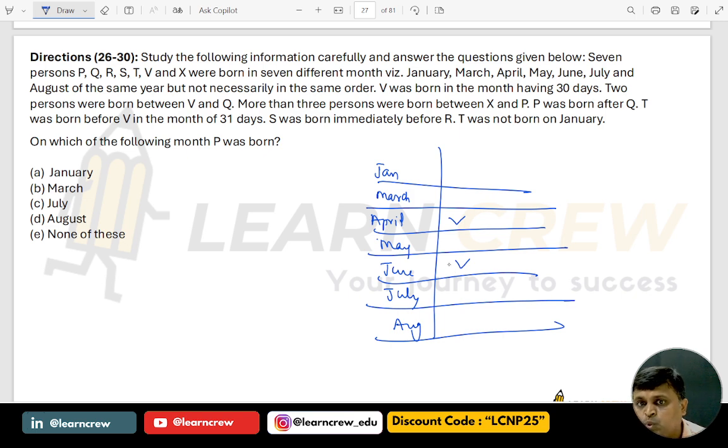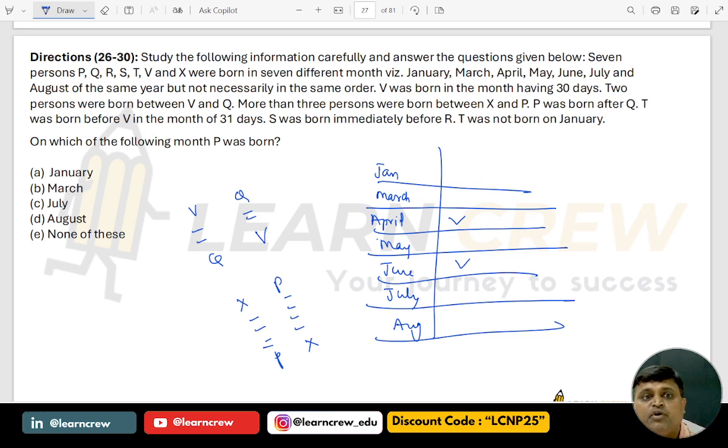So 2 persons sit between V and Q. And more than 3 persons sit between X and P. P was born after Q only.